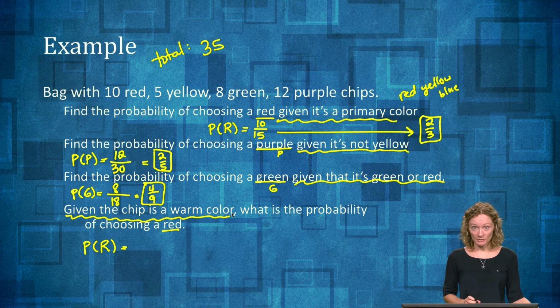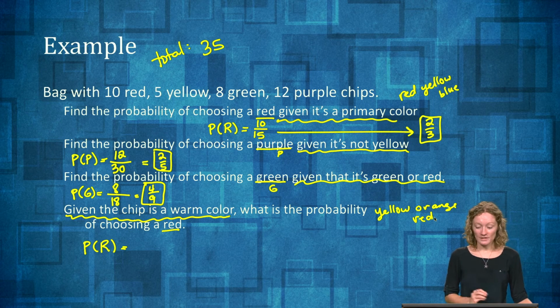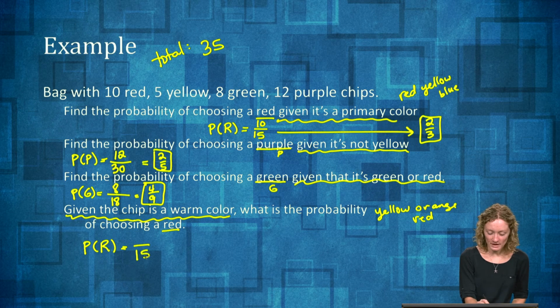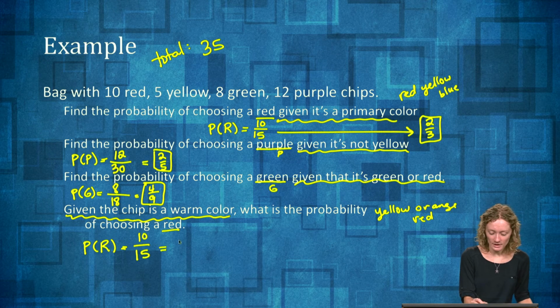Again, I would never expect you to remember what a warm color is. The warm colors are yellow, orange, and red. So if they say, well, it's definitely a warm color, then you know it's either the yellow or the red. So there's 15 options. Of the 15, how many meet your criteria of being red? 10 of them. 2/3.